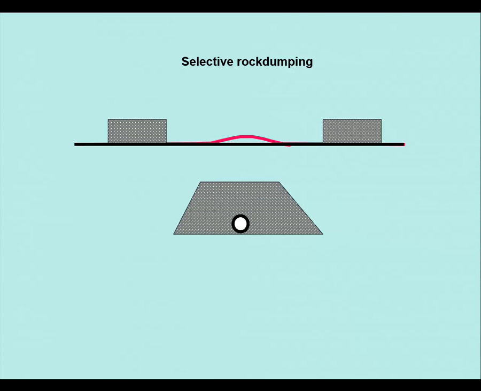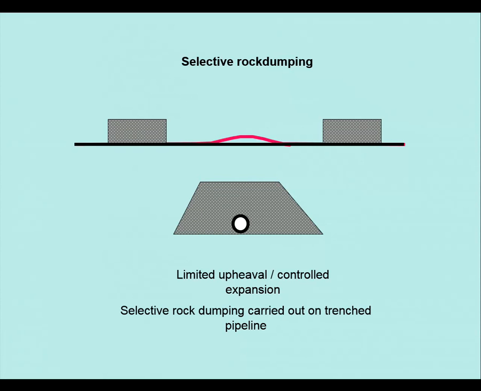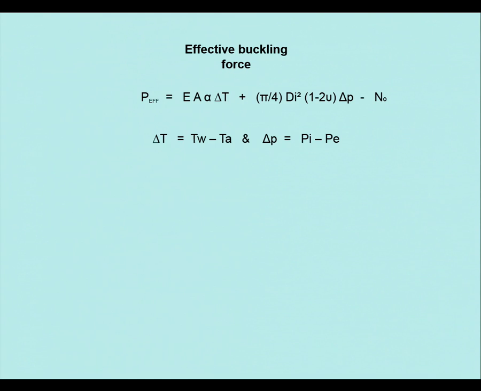So you can either dump it all over. That's the force that we worked out before, and again we said the delta T is your actual wall temperature of steel minus the ambient temperature.